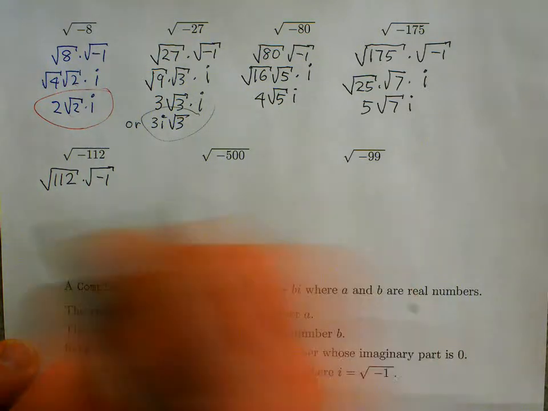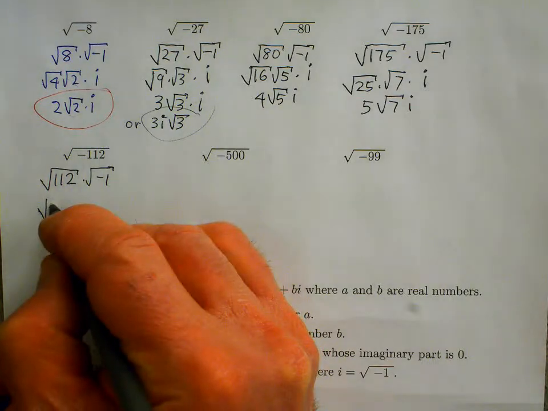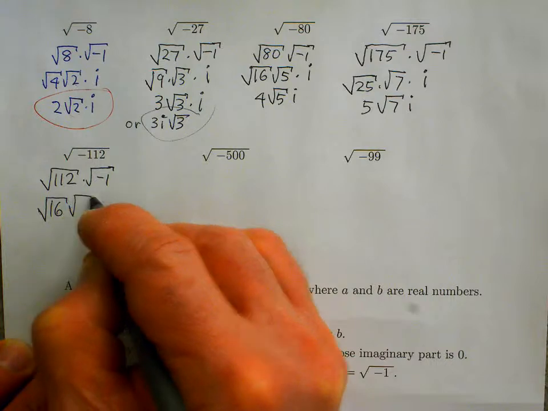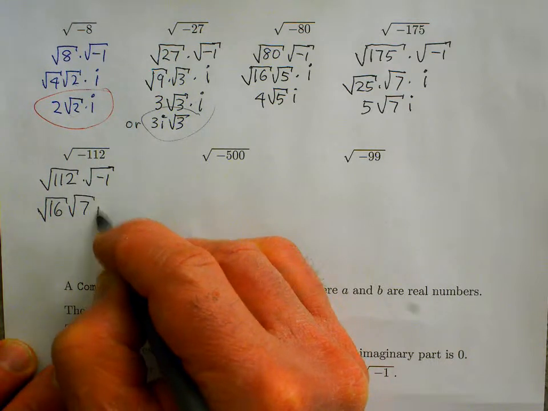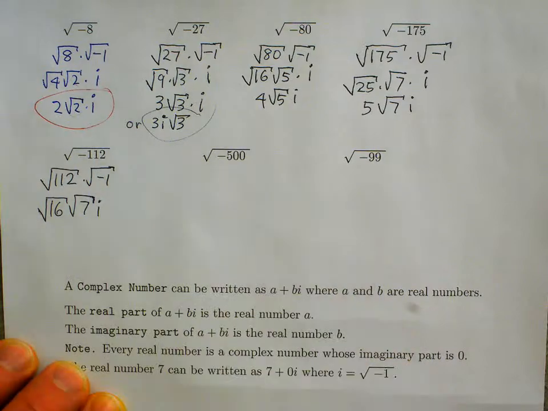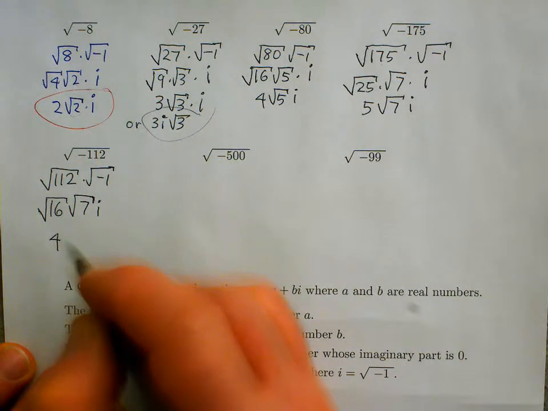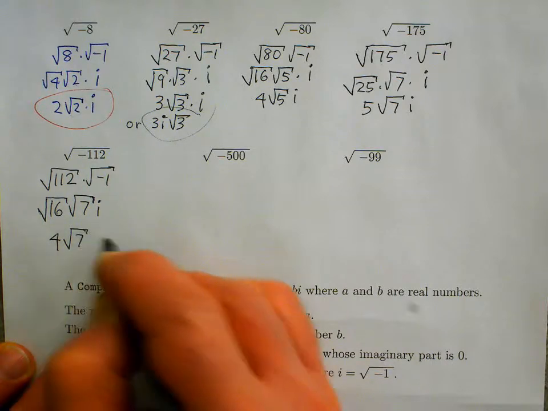So altogether, 16 times 7 is 112, we rewrite that as the square root of 16 times the square root of 7, and then replace the square root of -1 with i, and then our simplified result is 4 times the square root of 7 times i.